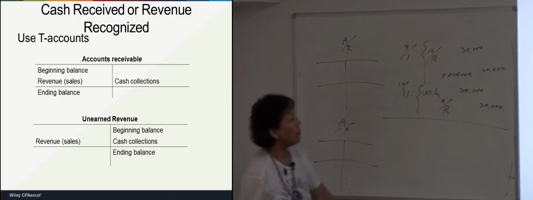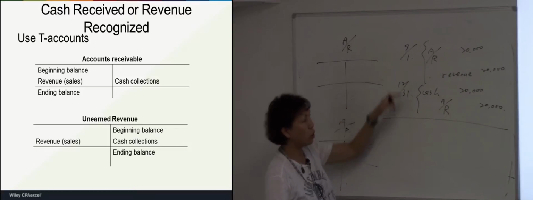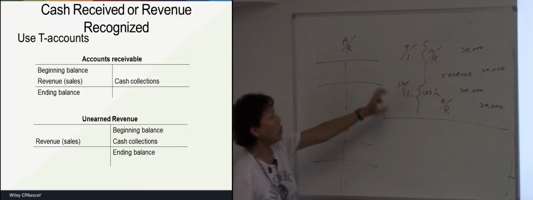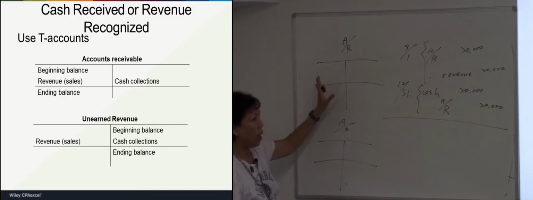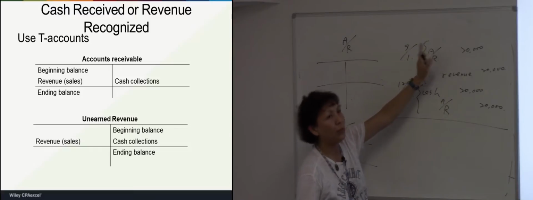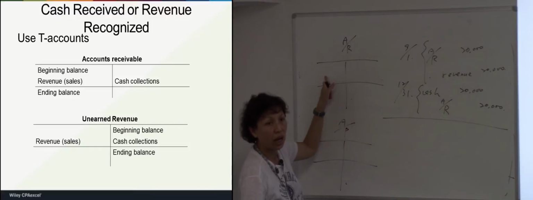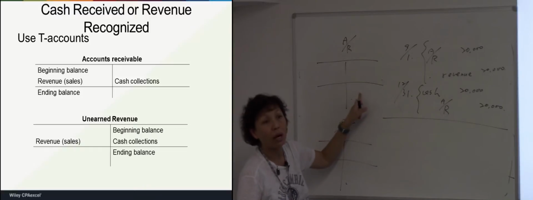So if this is the recording that we do on the transaction day and also on the year-end day, how do we move this journal entry to the T account? The debit side of the journal entry means the left side of the T account. The credit side of the journal entry means the right side of the T account.